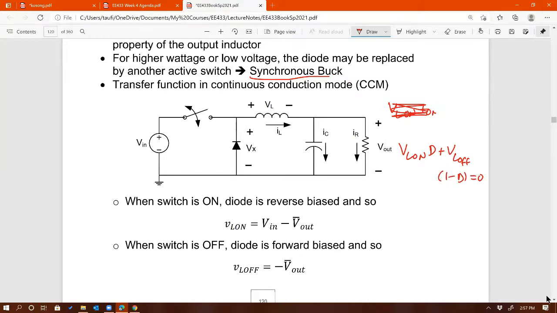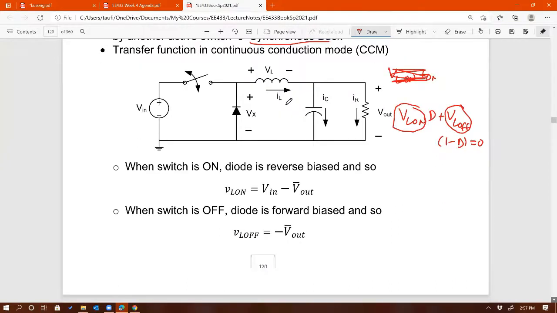So all you need to do in order to derive the transfer function is to determine what is the voltage across the inductor when the switch is on, and what is the voltage across the inductor when the switch is off, right? That should be something that we can do using circuit analysis, right? So I want to know VL on, because that's what I'm going to plug into the transfer function equation.